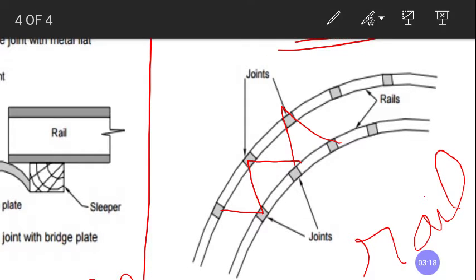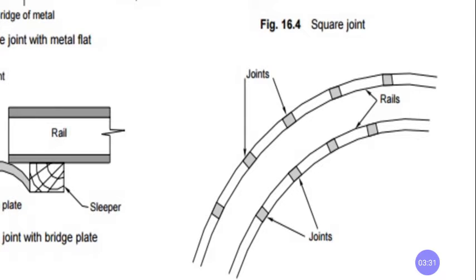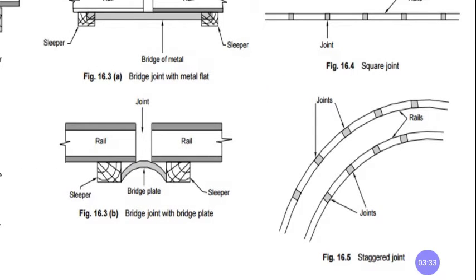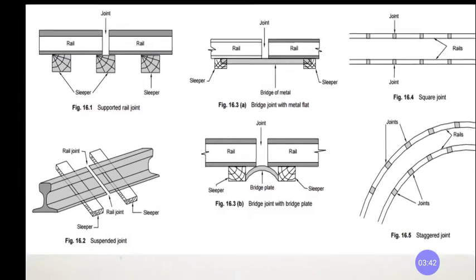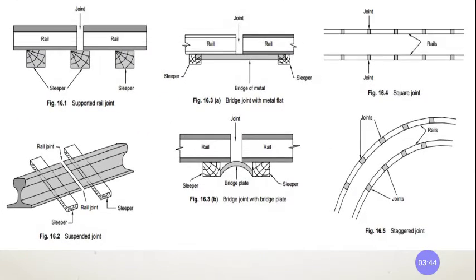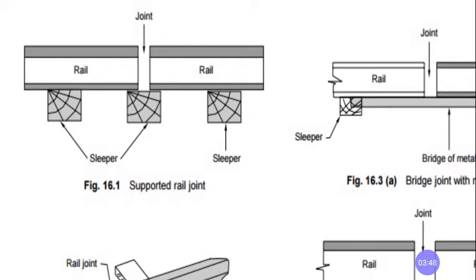You cannot say it is in zigzag fashion here, but when the joints on both sides are not exactly opposite to each other, they are in a zigzag pattern or staggered arrangement, and it is called a staggered joint, right? It is not opposite to each other.